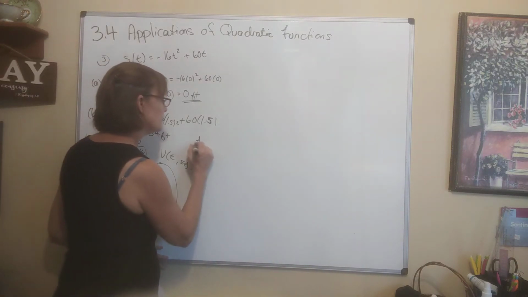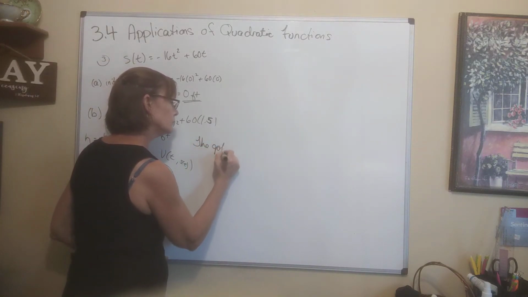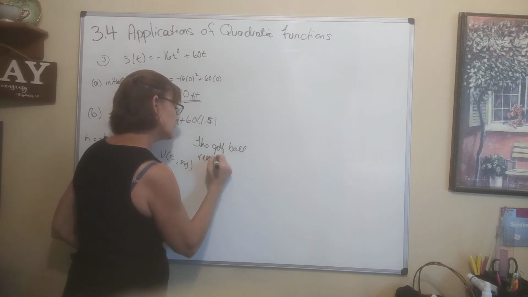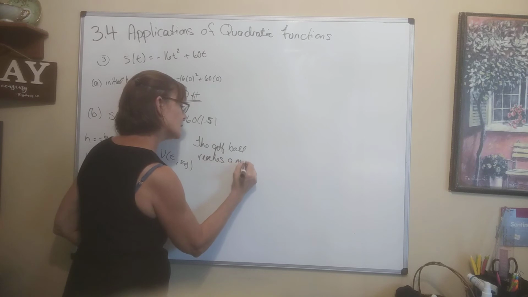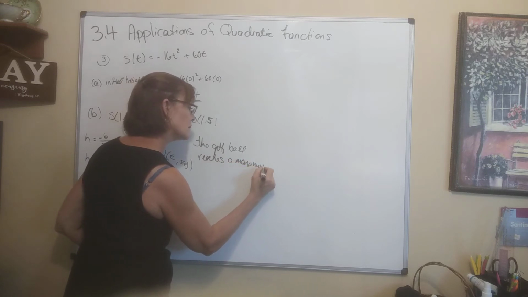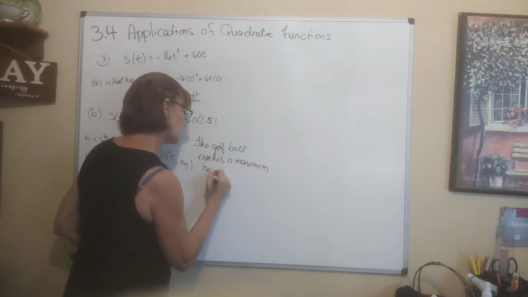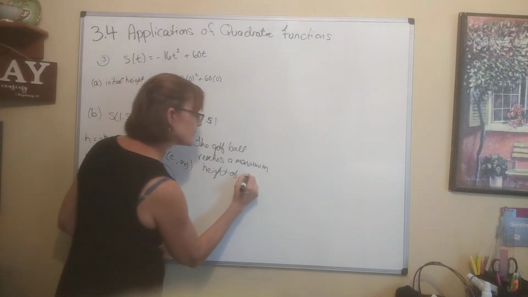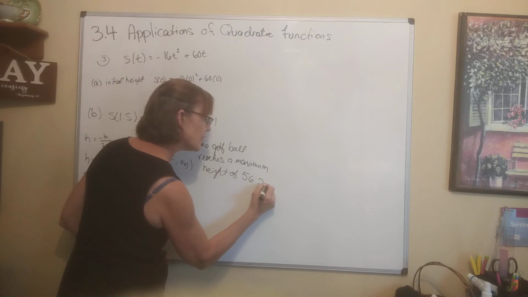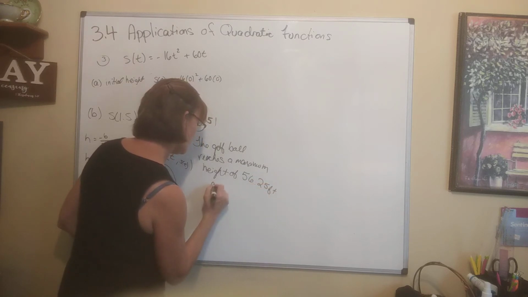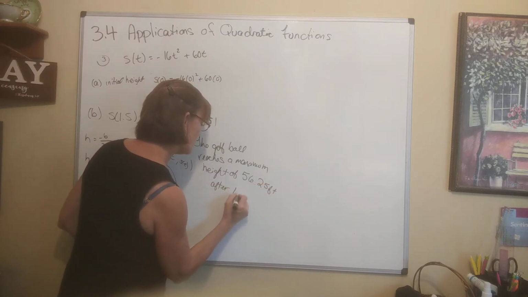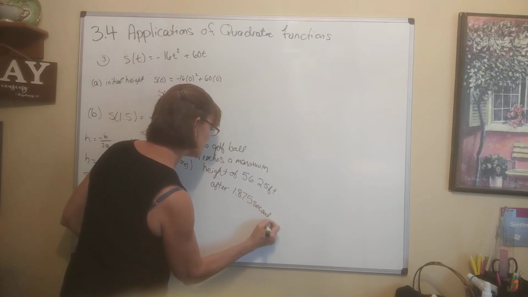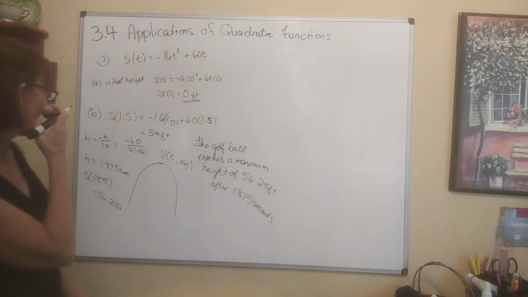The golf ball reaches a maximum height of 56.25 feet after 1.875 seconds. All right, there we go.